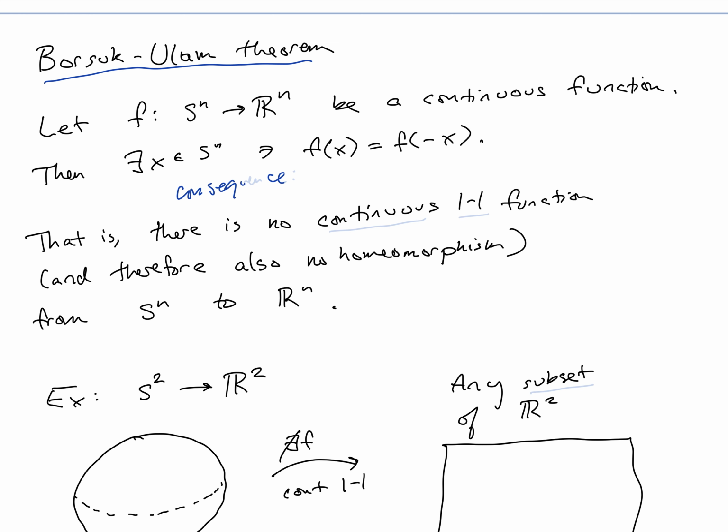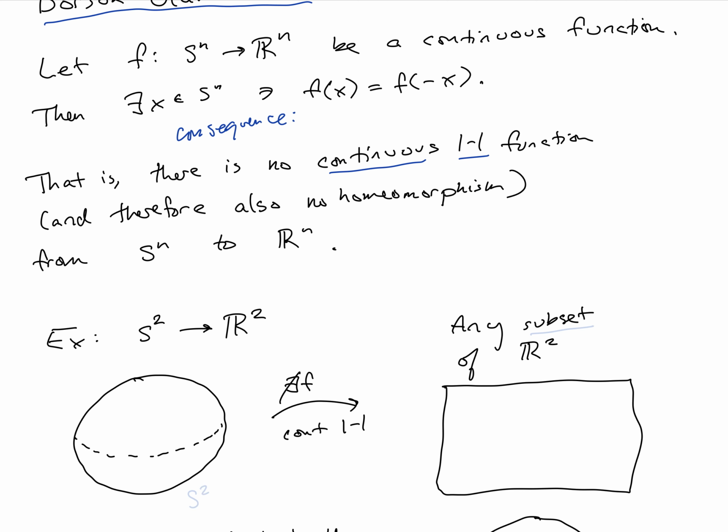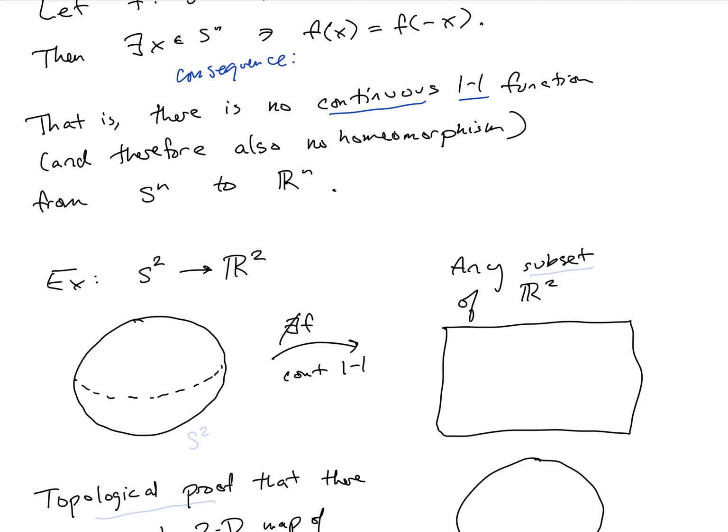A consequence of the Borsuk-Ulam theorem is that there's no continuous one-to-one function, and therefore also no homeomorphism, from S^n to R^n. But this is stronger than saying there's no homeomorphism, because it's just saying there's no continuous one-to-one function. So we're not restricting that it has to be onto, we're not restricting that it has to have an inverse that's continuous.